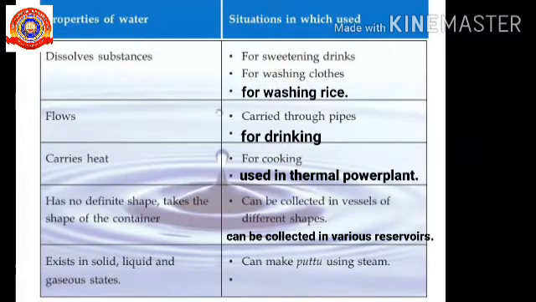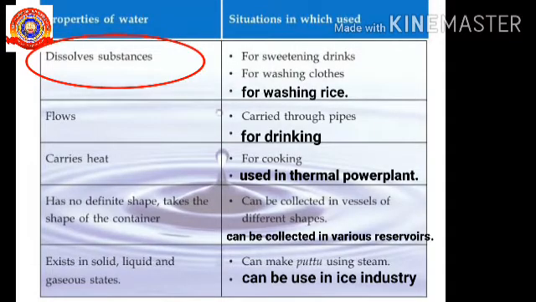Using these properties, we can make butter using steam. We can fill in the next point as water can be used in the ice industry. Oh my dear children, all of you should write this activity in your textbook itself using pencil. Okay? We have seen that the first property of water is it dissolves substances, right?